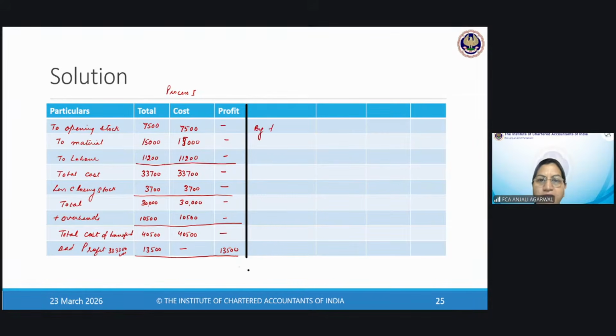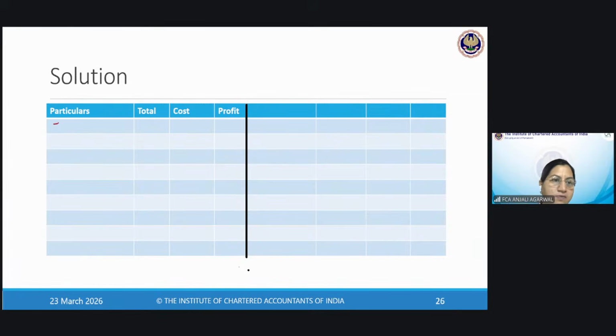Credit side will write by transfer to process 2. 54,000 worth of goods, which has a cost of 40,500, in which profit is 13,500. And that completes your first process account.